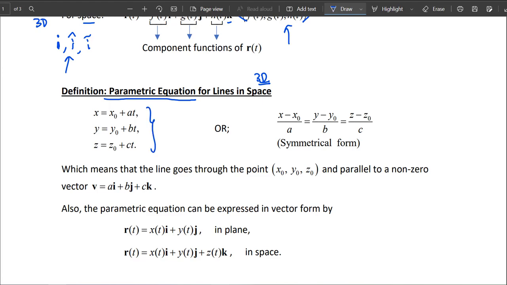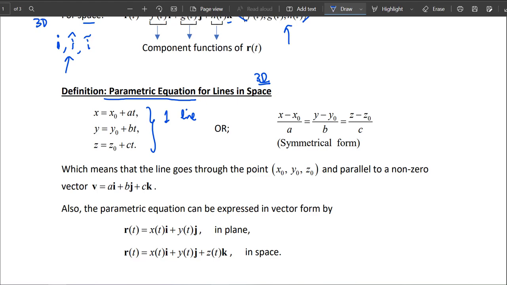This is actually one line. The equation of the line is given in parametric form in x, y and z.